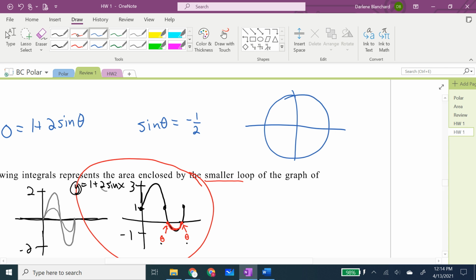Sine are the y values. This y value is negative 1/2, so that is the first one down. And that takes us to pi plus pi over 6, as well as 2 pi minus pi over 6.